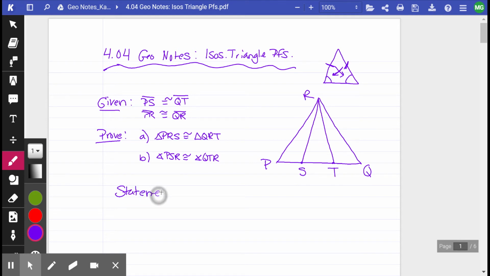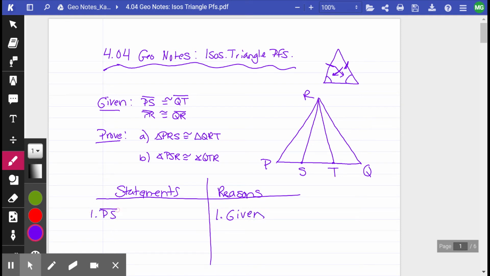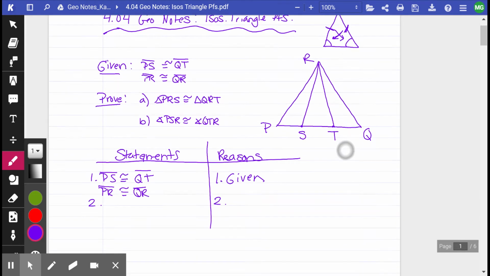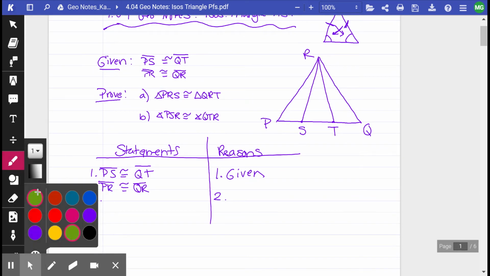And we'll set up our statements and reasons. Start with our givens. And then we're going to mark our picture. Segment PR congruent to segment QR. All right. So looking at my picture now, I'll change colors here.